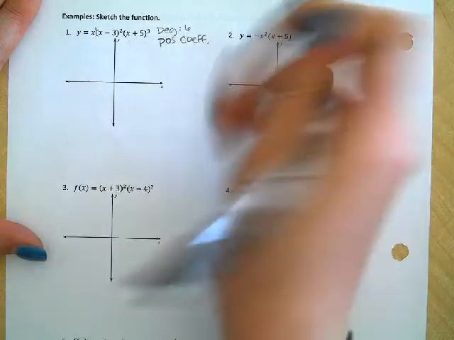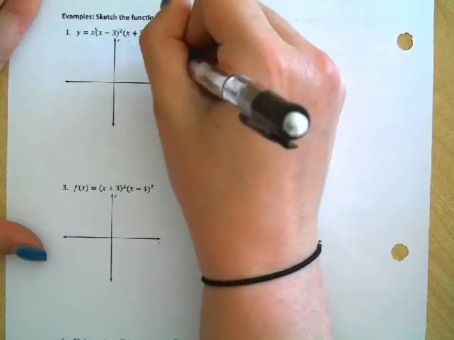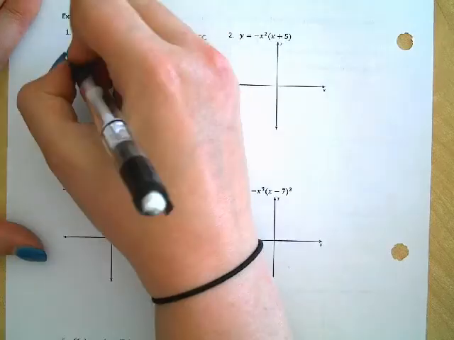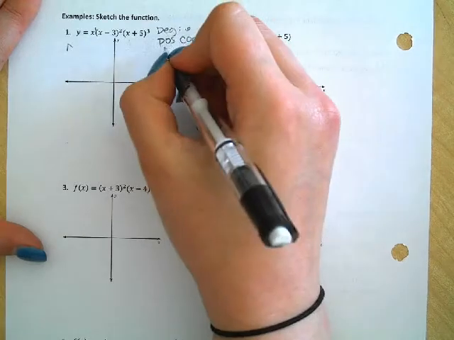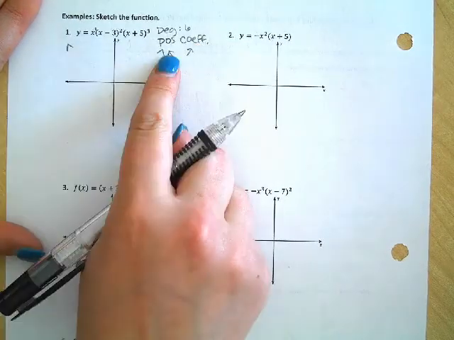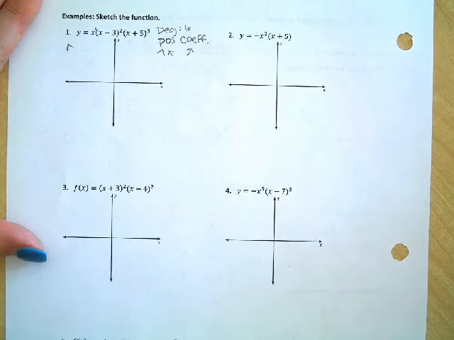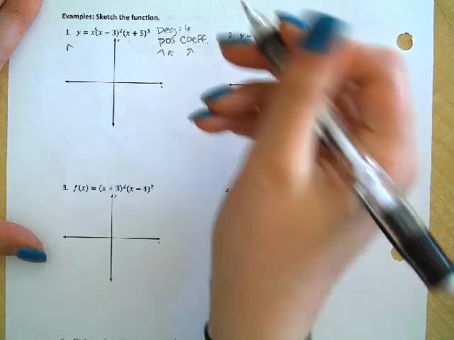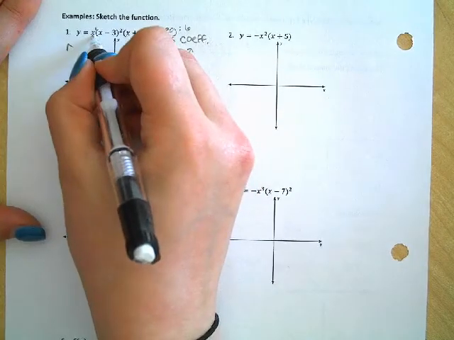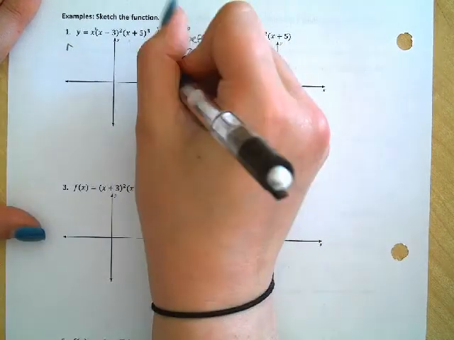And so that means since it's even and positive that the arrows go up and up. All right, so I know on the left side of my graph, my arrow is going to go up. On the right side of my graph, my arrow is going to go up. And so I just put these to start with so that I know where my graph needs to end. What I do next is I figure out each of my x-intercepts. So I have an x-intercept of 0 and 3 and -5.